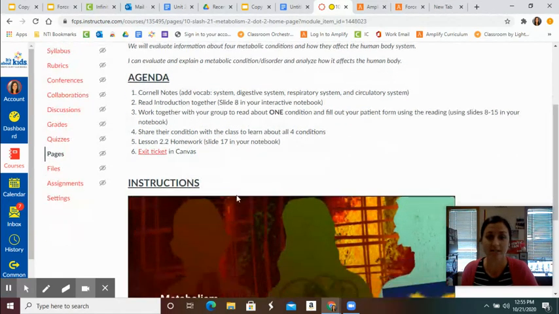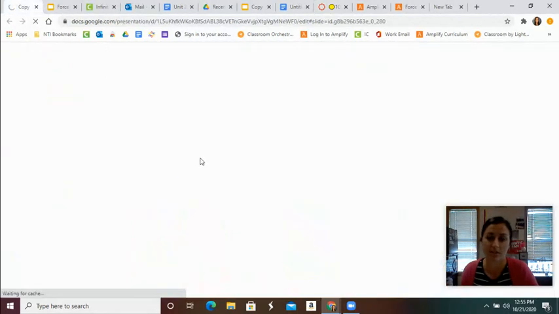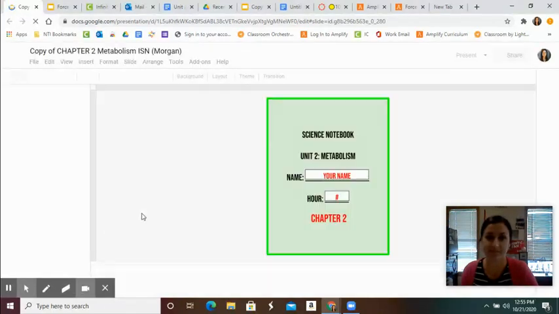So the first thing we did is I added these 4 vocab words into your Cornell notes. So if you open up your Cornell notes in your notebook, which you should have open, and if you don't, you can pause these videos at any time and do so.